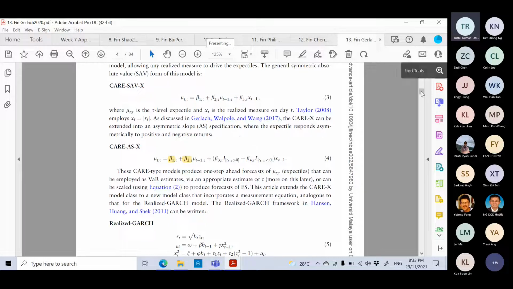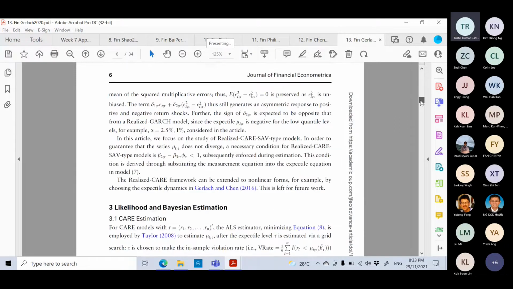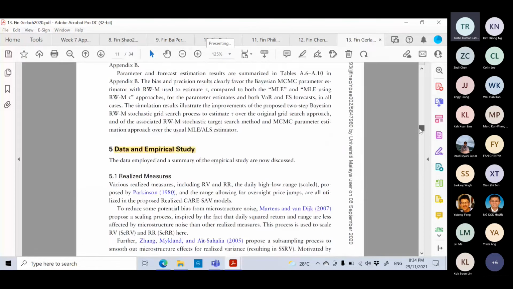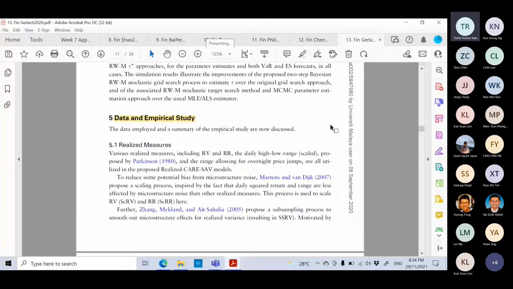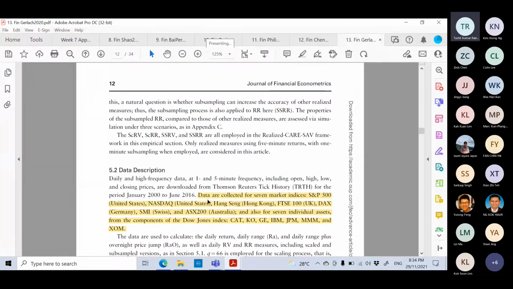Okay. So these are all the 4 models in their application. They provide the simulation study. In the application, they analyze the data series altogether. As I mentioned, they collect the data from the 7 market indexes.